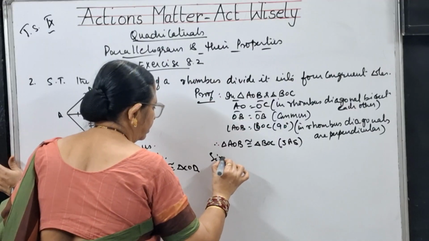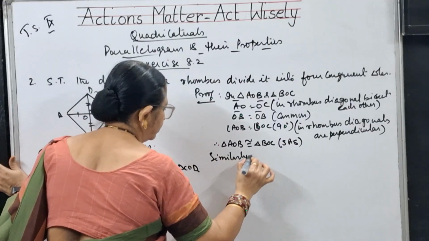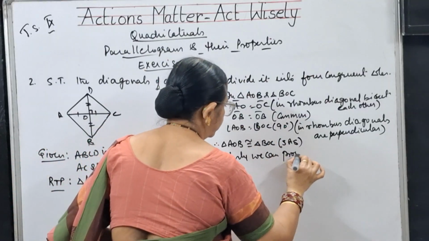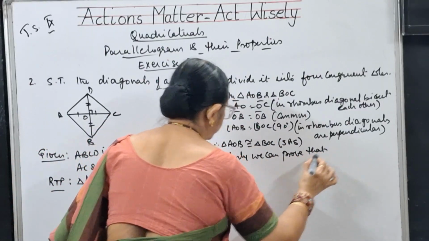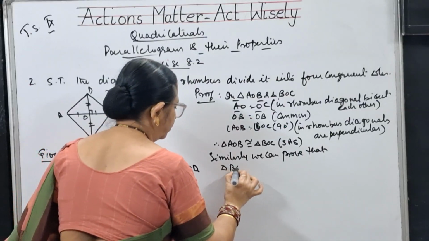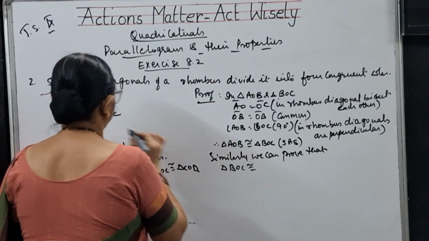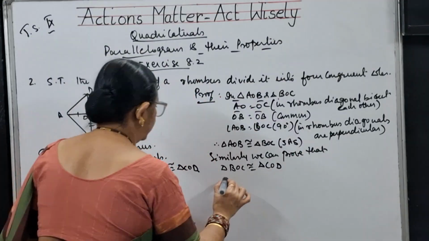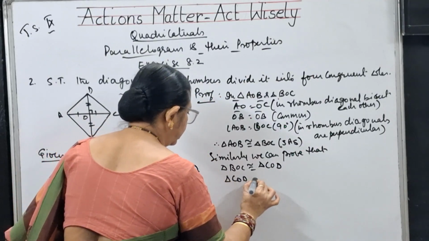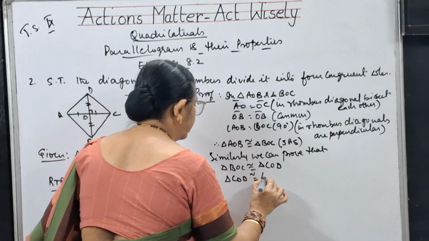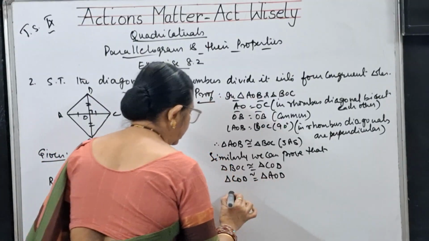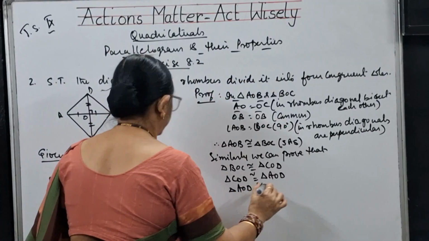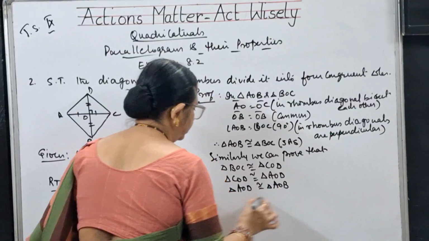So similarly, we can prove that triangle BOC is congruent to triangle COD and triangle COD is congruent to triangle AOD and triangle AOD is congruent to triangle AOB.